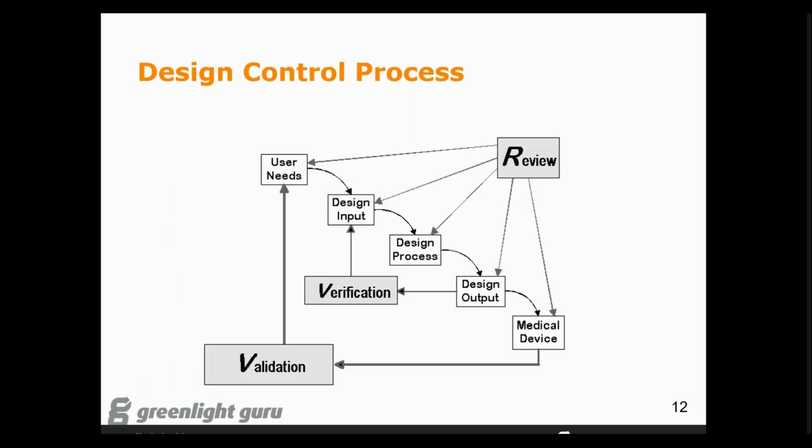So within the design control process, again, pulling up some of the classic representations of design controls, showing the connectivity between inputs and outputs, and how verification is the feedback loop to demonstrate the linkages there. You've got validation to demonstrate your finished device is meeting the user needs.